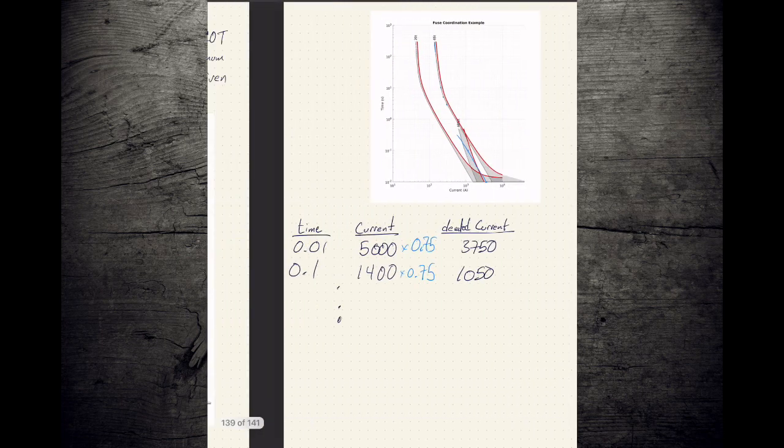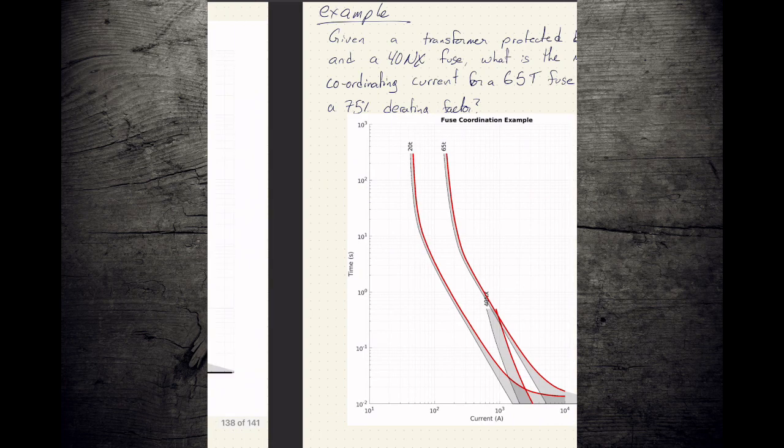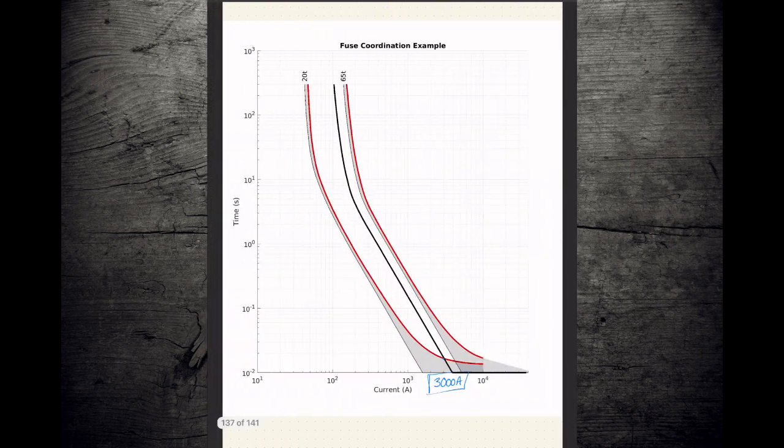Whereas if we take a look at our first example, they would coordinate for faults under 3000 amps, but for faults over 3000 amps, there's the chance that the 65T fuse would overreach, and the 65T fuse could operate in addition to the downstream 20T, or the protecting fuse.